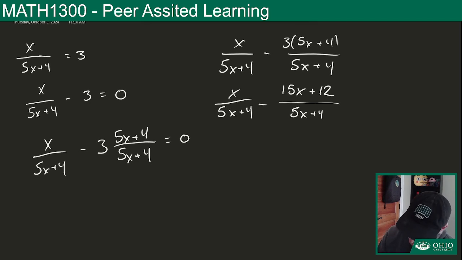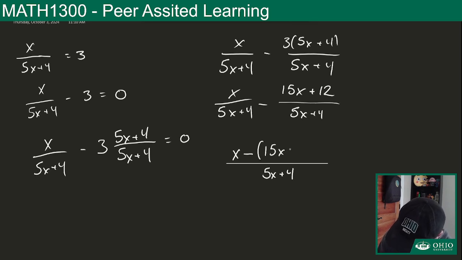And now, lastly, we can go through and actually combine the denominators all into 1. 5x plus 4. And then this will become x minus, and then in parentheses, our quantity.